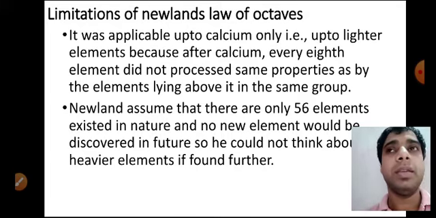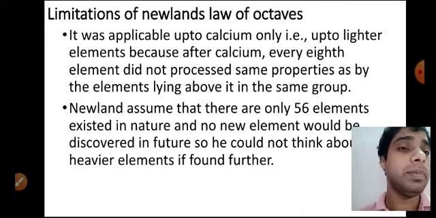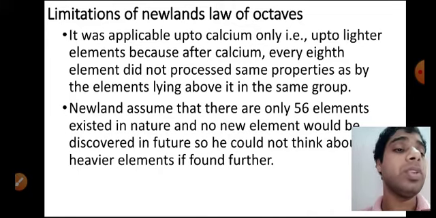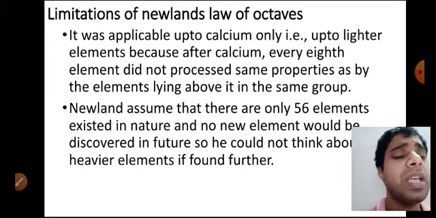Dobereiner arranged the elements in groups, and Newlands placed the elements horizontally. Dobereiner was the earlier scientist, and Newlands was the second, but Newlands refused to accept what Dobereiner had done. Later on, Newlands had some limitations too.